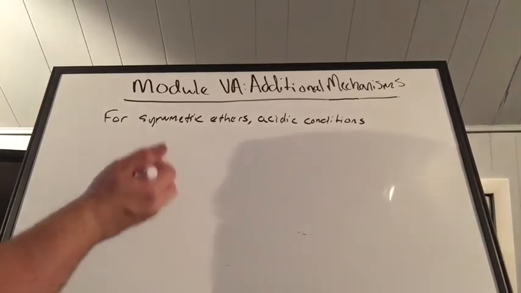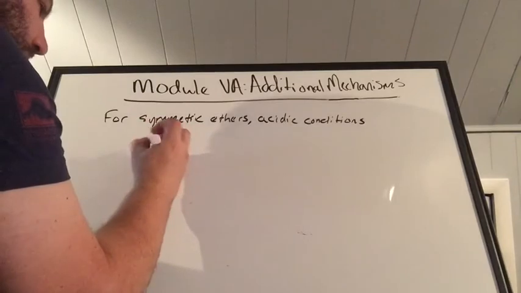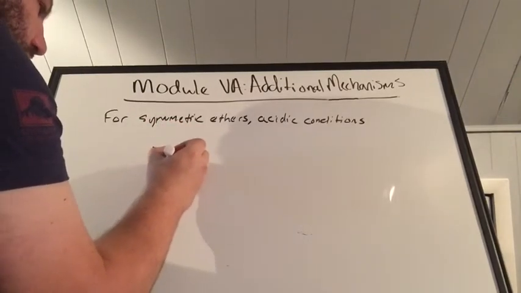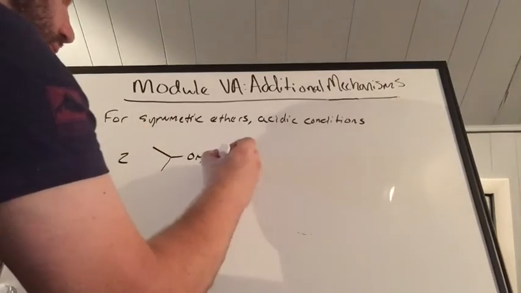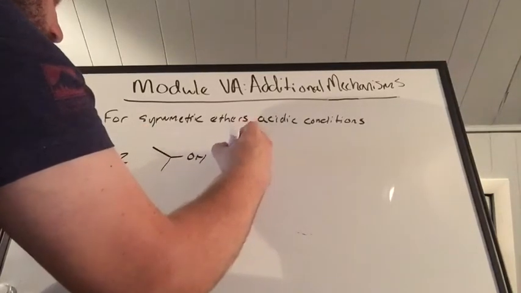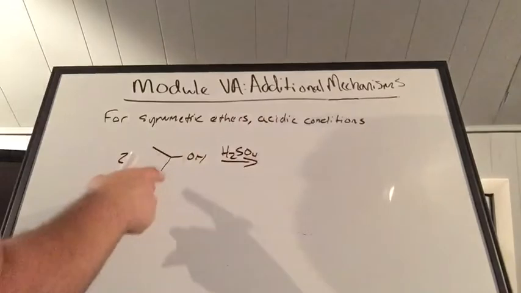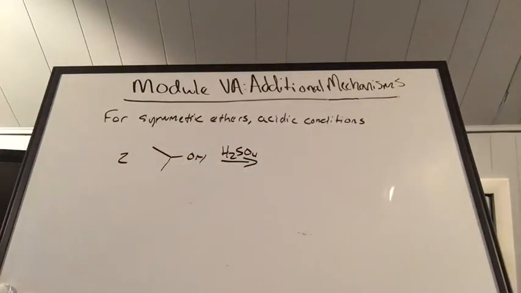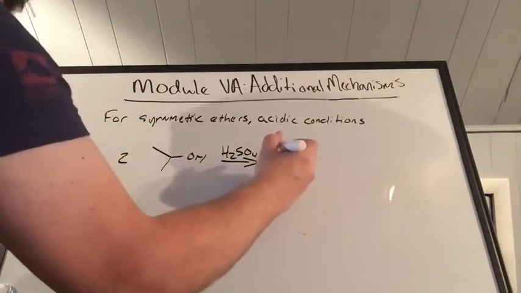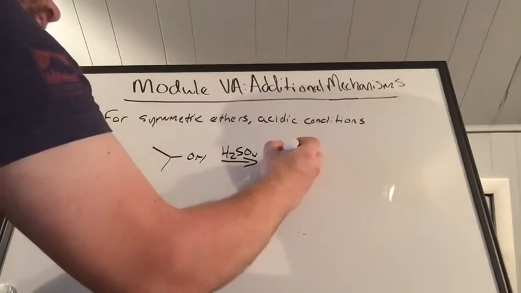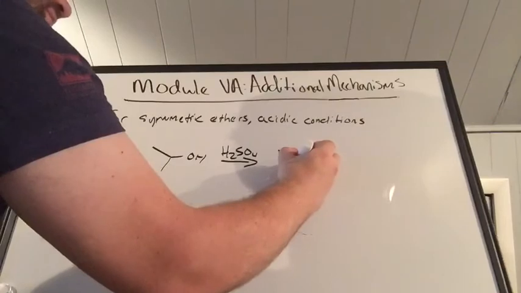So if we, let's say, take two equivalents of isopropanol and treat it with H2SO4, we're going to get something like this.